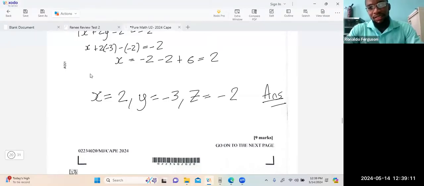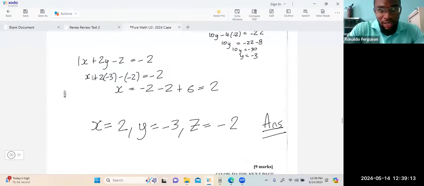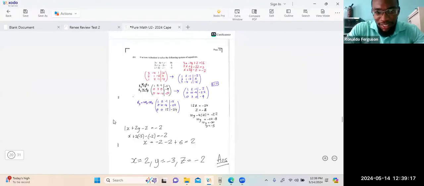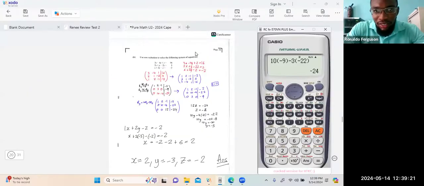Those are your answers. Now, I always like when you test it, right? Check it. You need to do what? Check it. Check your answers in any equation. Let's check it in the second equation. 2 times x, which is 2, plus y, which is negative 3, plus z, negative 2.